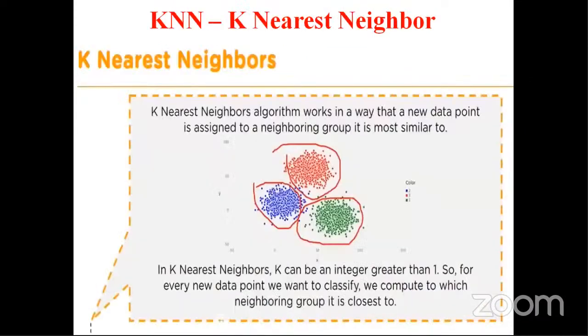Okay. So now we'll get into the next algorithm, KNN, K nearest neighbor. A few points have been mentioned here, so all of you can just go through it once.